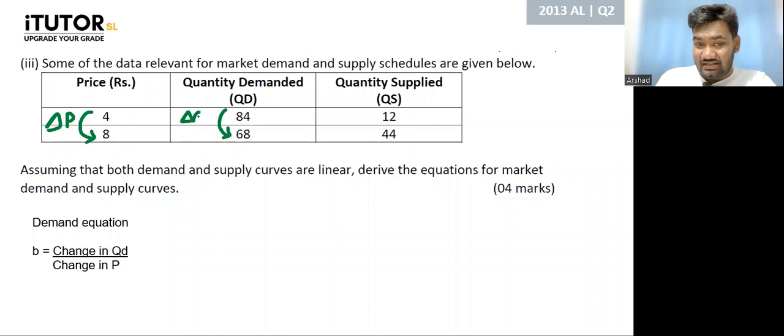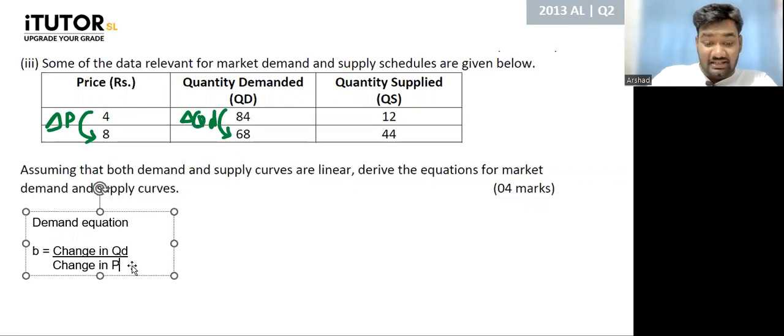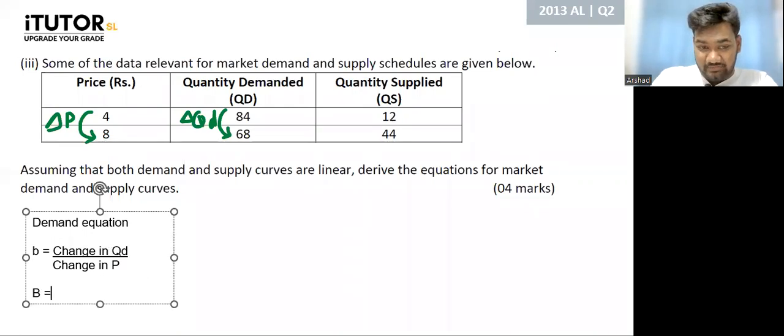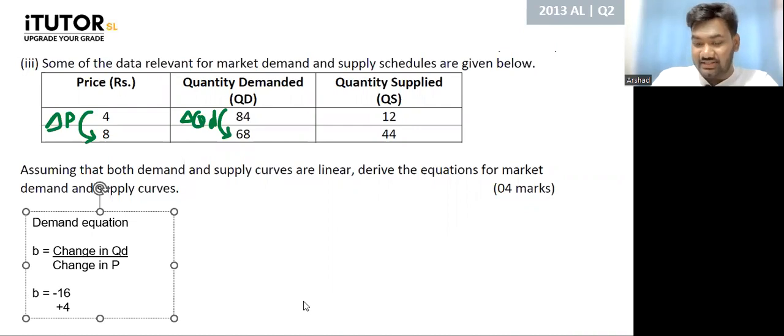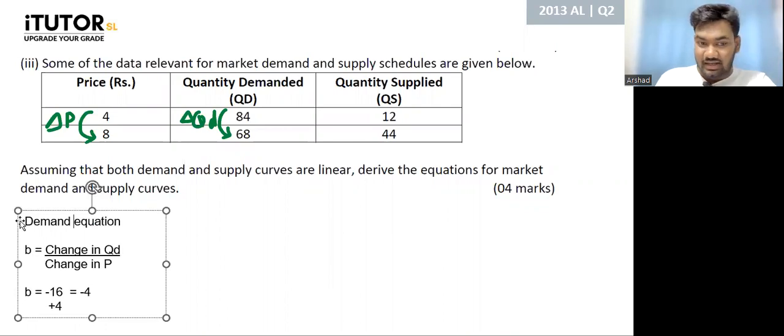So our B component, that is the minus B ideally: change in QD, 84 going to 68, is minus 16. Change in price is plus 4, 4 going to 8. So how much is our B component then? It becomes minus 4. Is that clear, guys? That is how I found the B component of our equation.